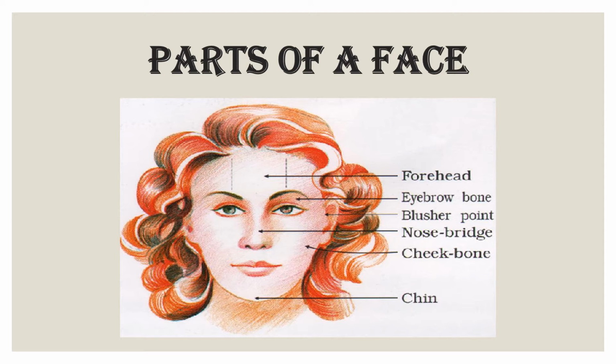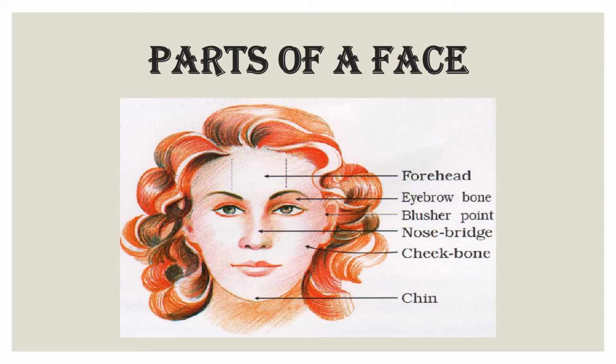So why are these, the picture that is given here with the names, important? You must be thinking, now ma'am is teaching about the parts of the face, but why is it important? It is important because while doing a makeup, we should know about each area that has to be covered.